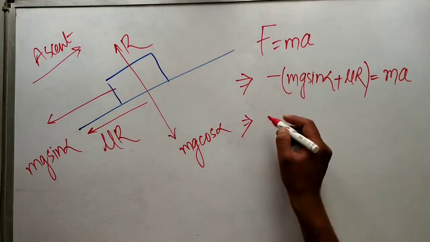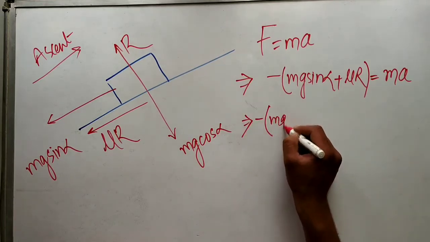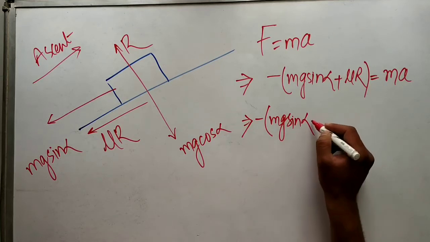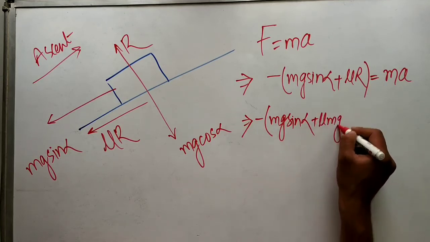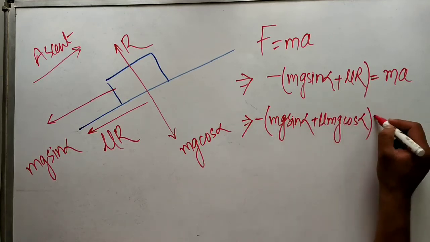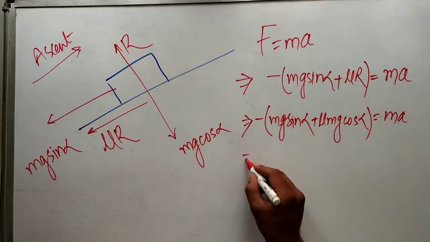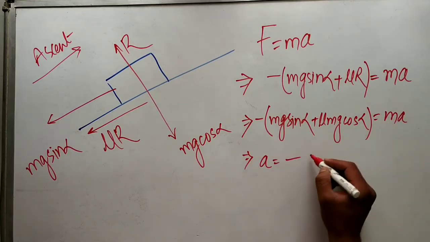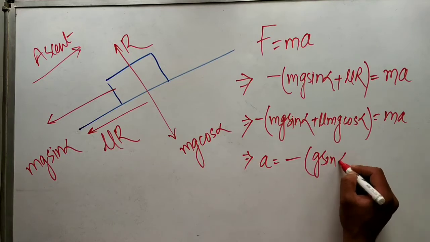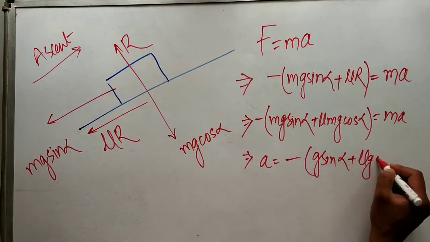This implies minus of mg sin alpha plus mu times mg cos alpha equals ma, which gives us acceleration is equal to minus of g sin alpha plus mu g cos alpha.